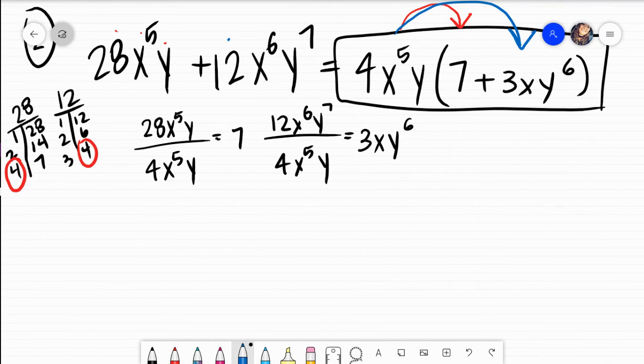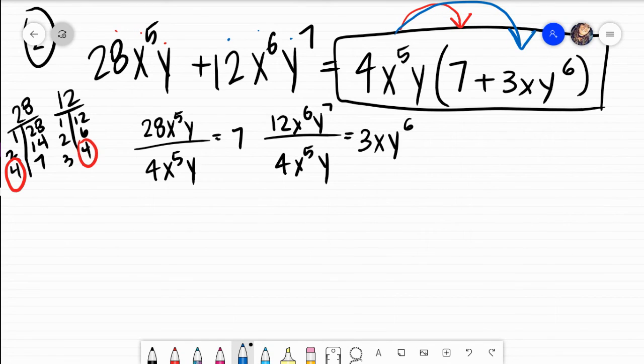Signs are the same, so it's positive. X to the 5th times x is keep and add. You get x to the 6th. Y times y to the 6th, keep and add. You get y to the 7th. That's the way that you can check to see if pulling out the greatest common factor was done correctly.